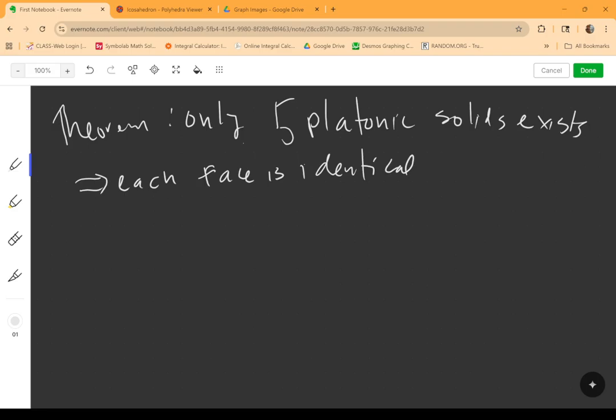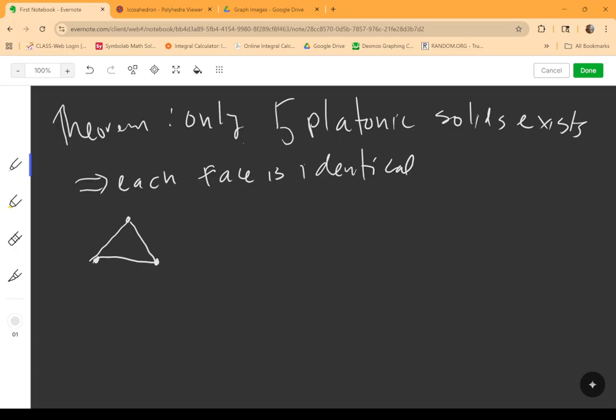Let's take a look at it by cases. I won't outline the whole proof. I'll look at the case where it is a triangle, and then I'll generalize it to an n-gon.